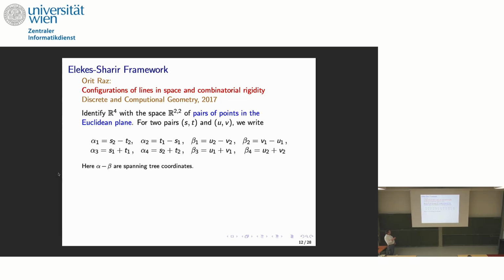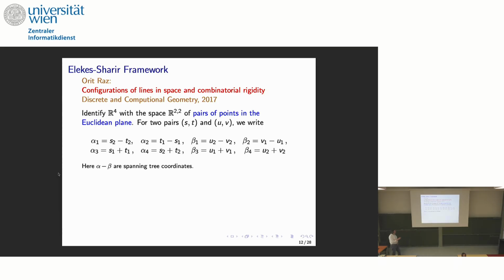We're going to identify 4-dimensional space with R^2 times R^2. Now, to me, R^2 times R^2 is the space of pairs of points in the Euclidean plane. So when I write that, I mean the 4-dimensional space where each element is a pair of points, one point in the plane and another point in the plane.